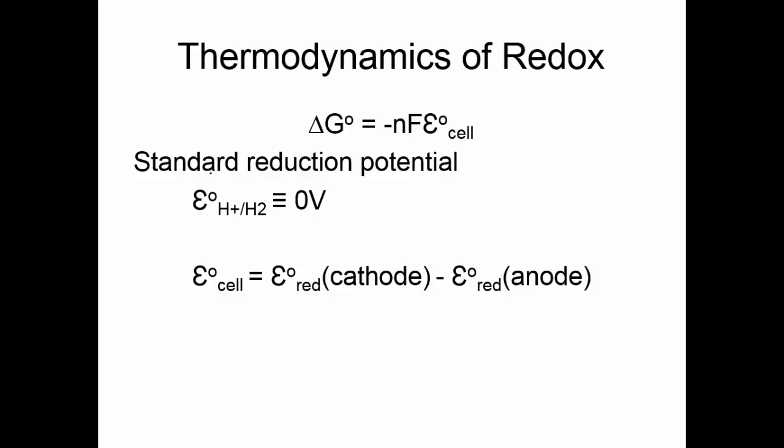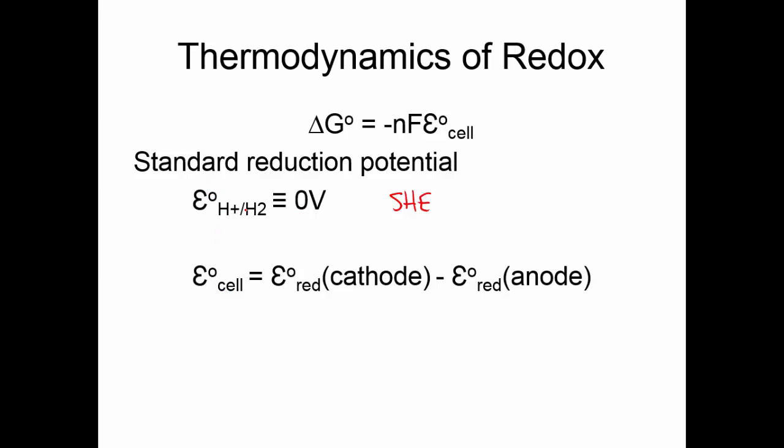We look at the standard reduction potential in a table, and that's always presented relative to this definition. The standard hydrogen electrode, hydrogen ions being reduced to hydrogen gas, is defined as happening at 0 volts under standard conditions.